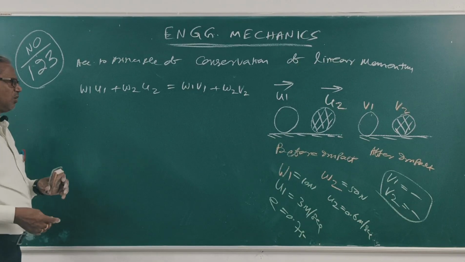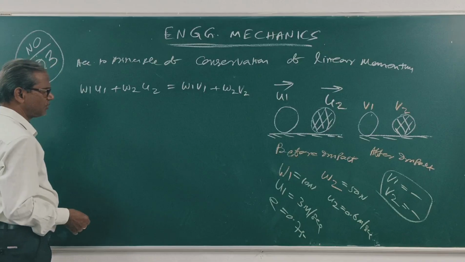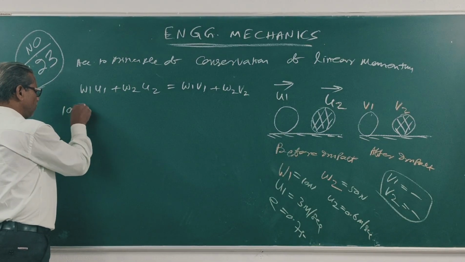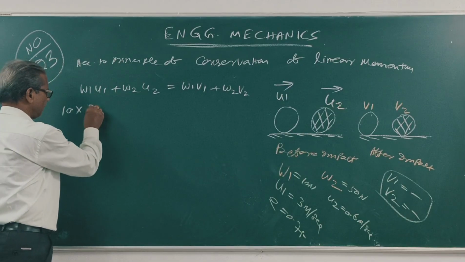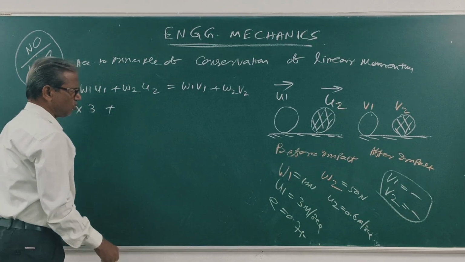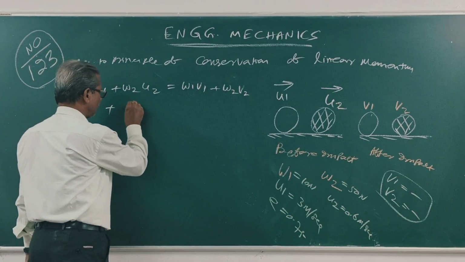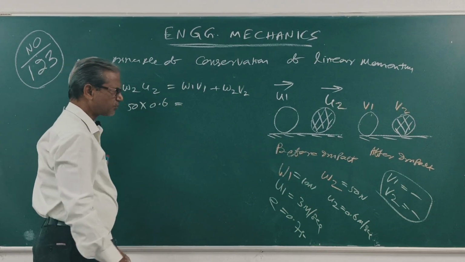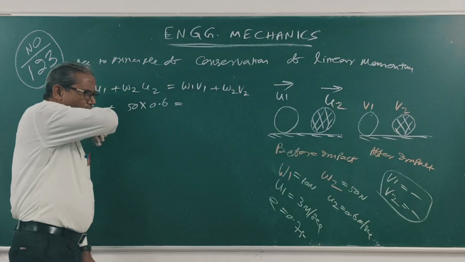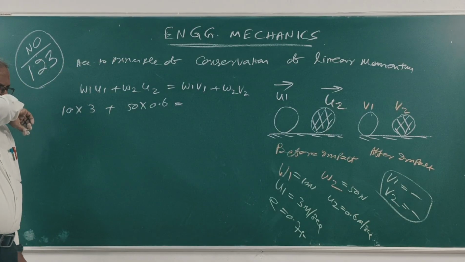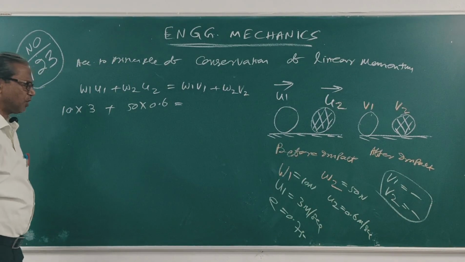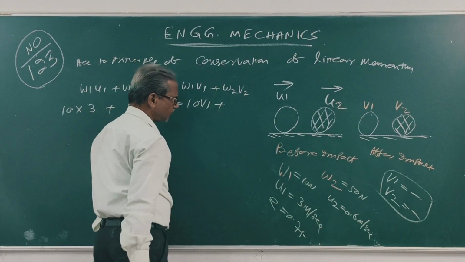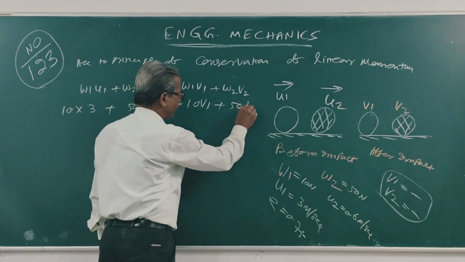Now, for double 1 10 into U1 3, double 2 50 into U2 0.6, is equal to double 1 V1 10 V1, double 2 50 V2.